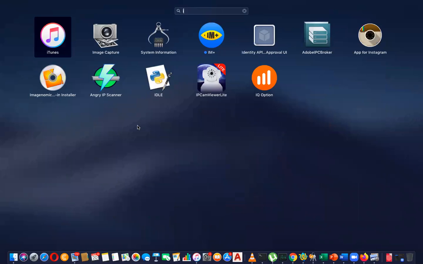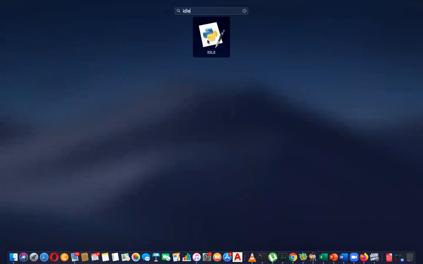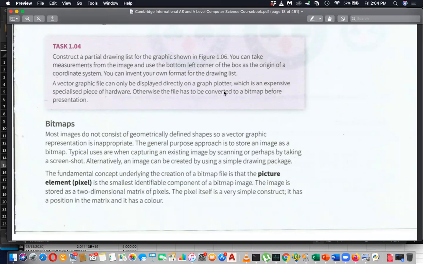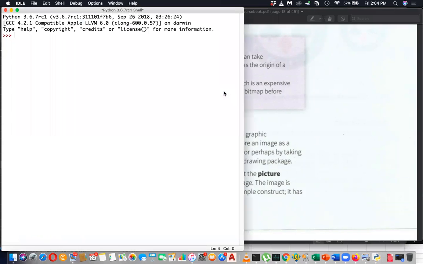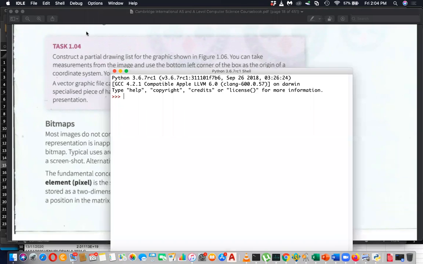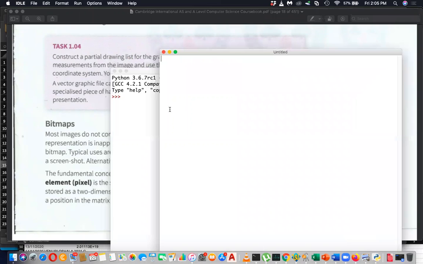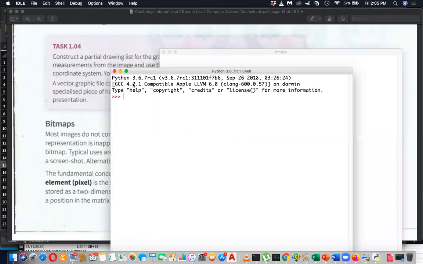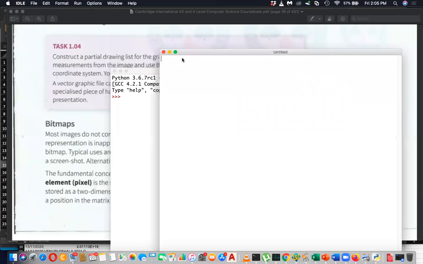What is mathematical graphic? Mathematical graphic means graphic like this. Can you remember the screen? This is Python. You said you have Python in your syllabus, no?